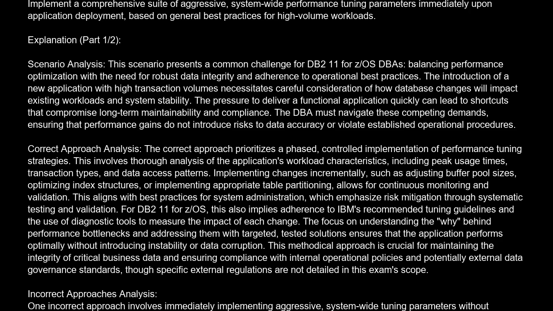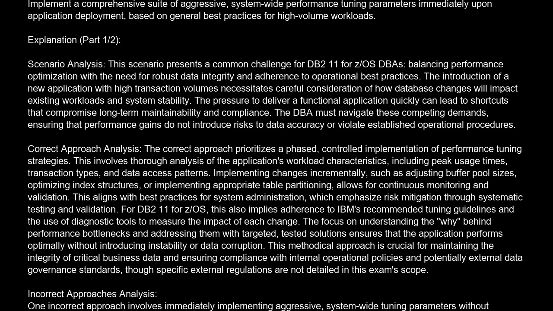This aligns with best practices for system administration, which emphasize risk mitigation through systematic testing and validation. For DB2 for z/OS, this also implies adherence to IBM's recommended tuning guidelines and the use of diagnostic tools to measure the impact of each change.